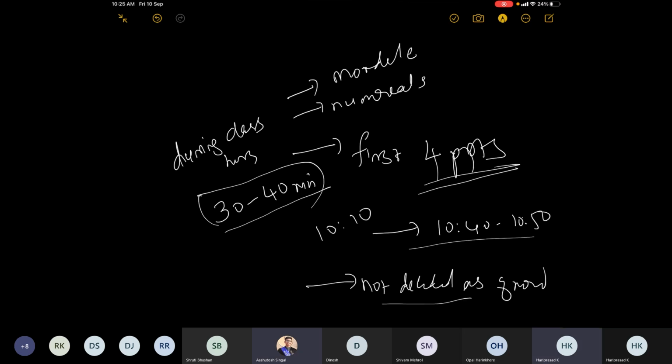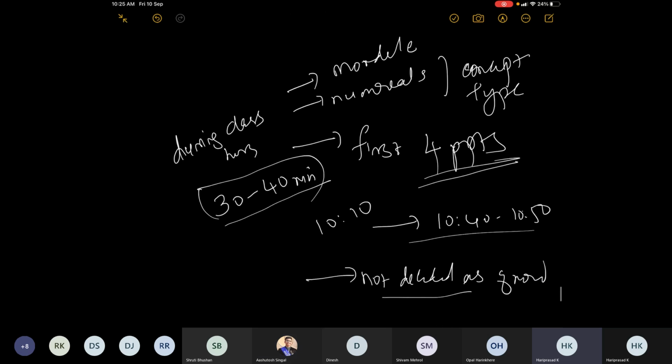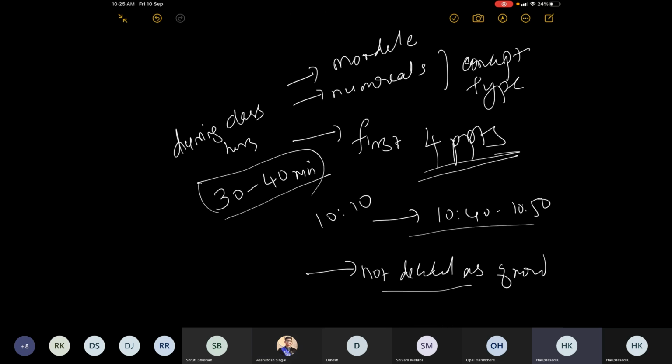Now let me see. If it is a new one, I'll suitably take a call. I would also add that some numericals may be concept type. So this negative marking may come in or may not come in. At the moment I don't have any answer for that.